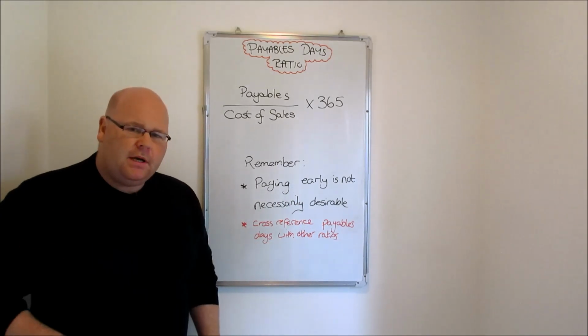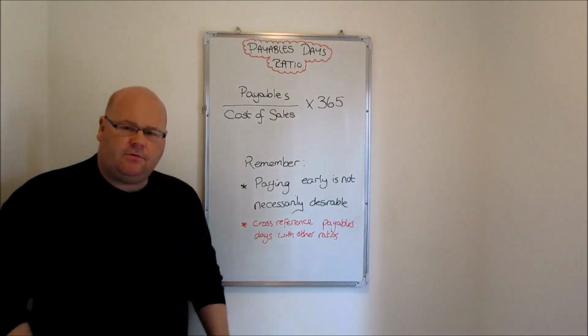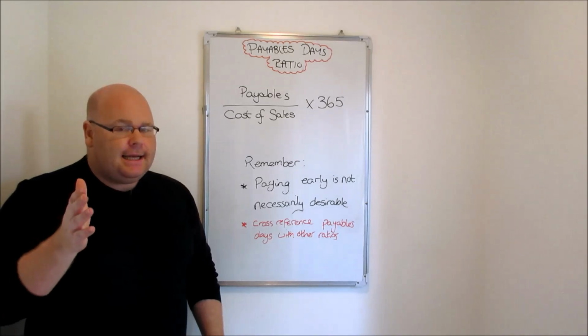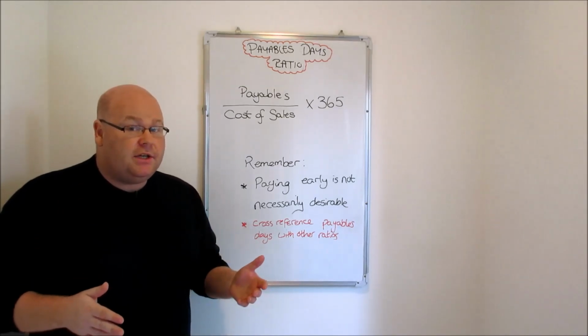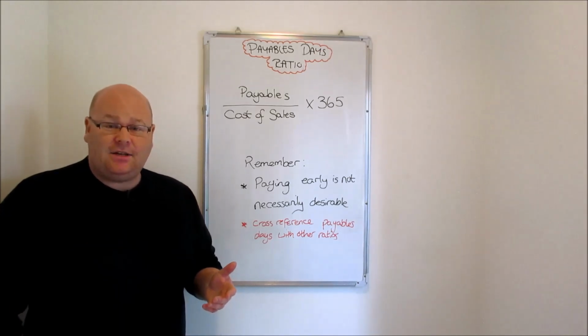One way we could answer that is potentially just cross-reference the payables days ratios with other ratios that we might calculate in the exam, particularly liquidity ratios like the current ratio, or if you have to calculate it for your example, the acid test ratio.